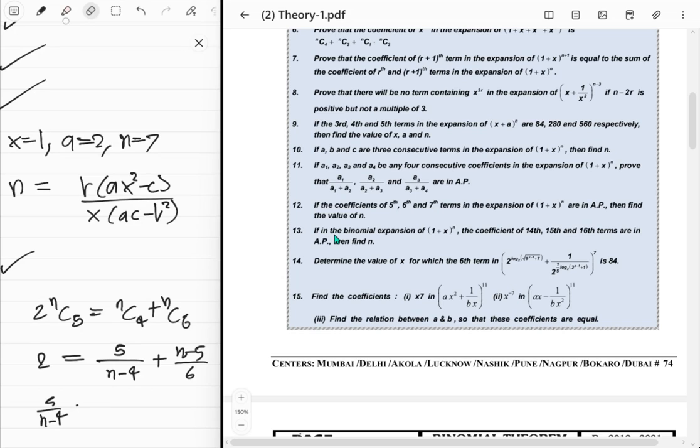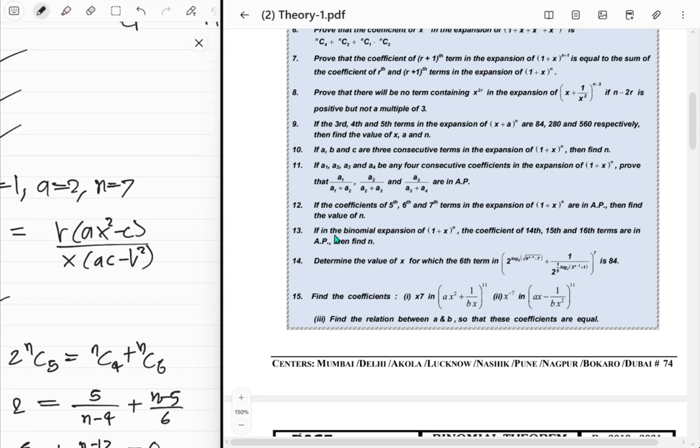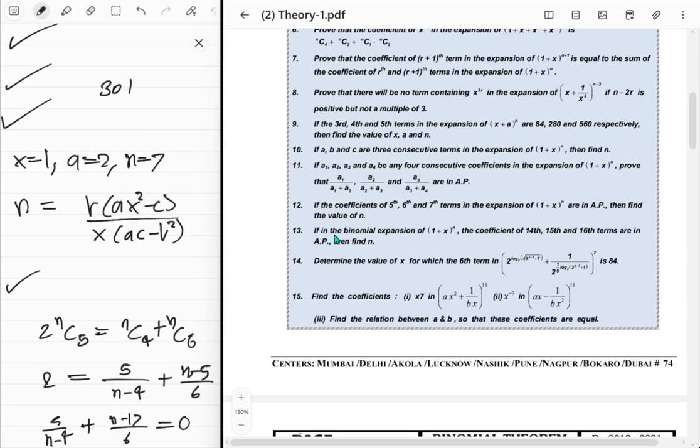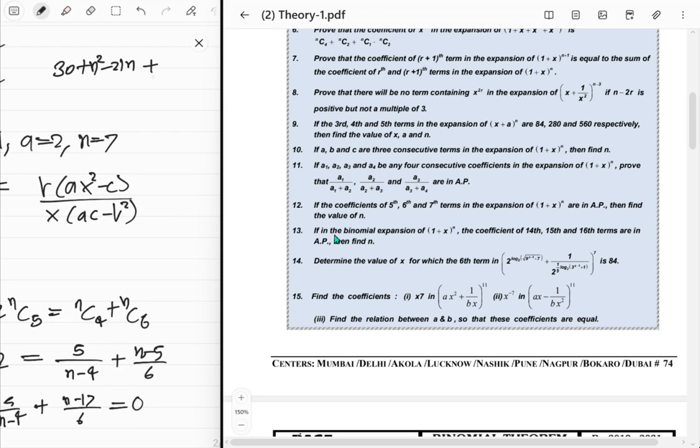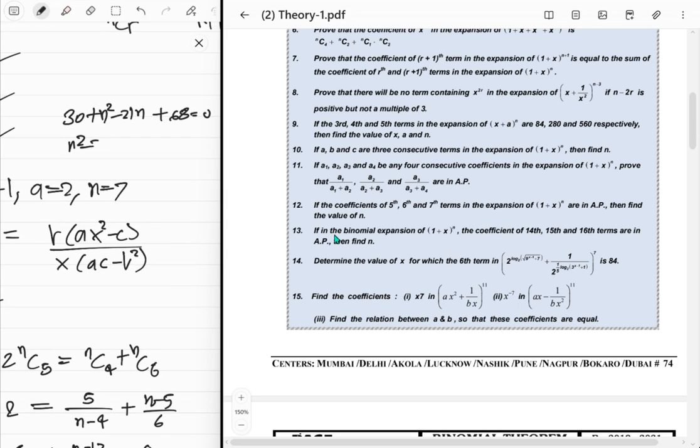So this will be plus N minus 17 upon 6 is equal to 0. So cross multiply now, and finally we get 30 plus N squared minus 21N plus 24, then plus 4, 28 is like 68, is equal to 0. So N squared minus 21N plus 98 is equal to 0.